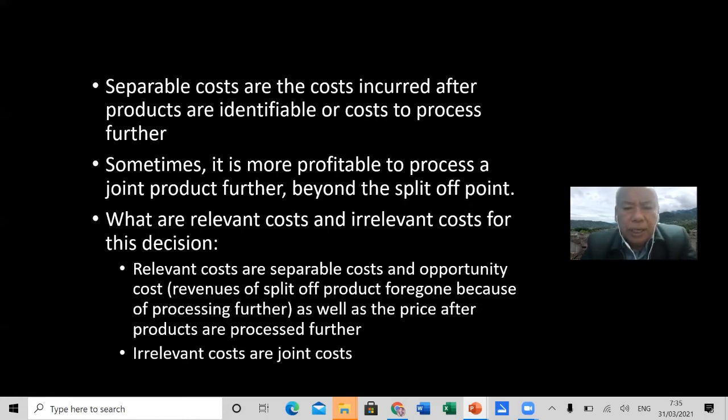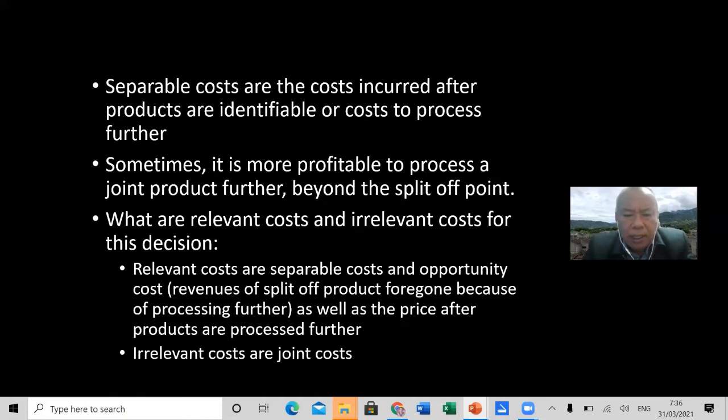These are the costs incurred after the products are identifiable, or the costs to process further. So sometimes it is more profitable to process joint products further beyond the split-off point.